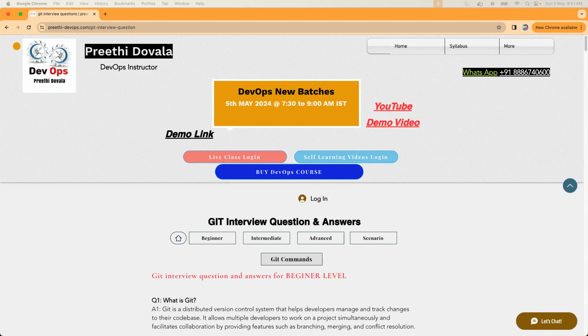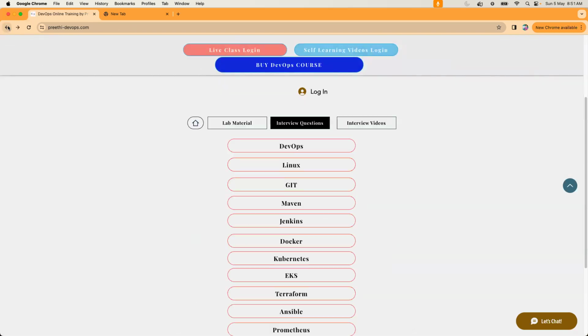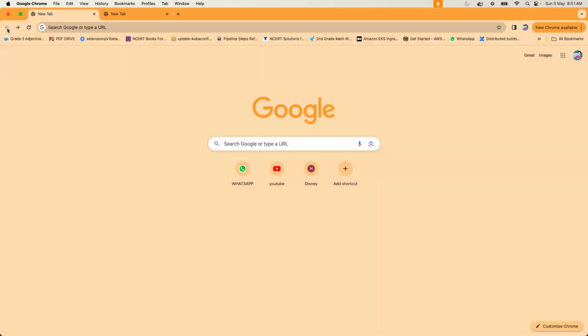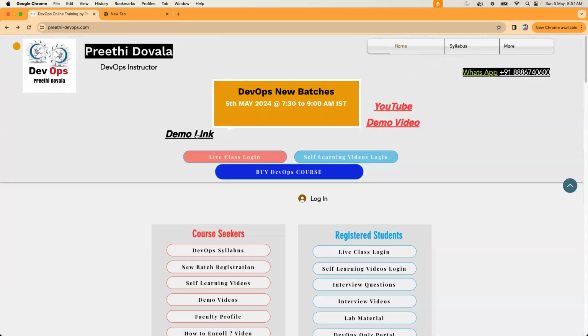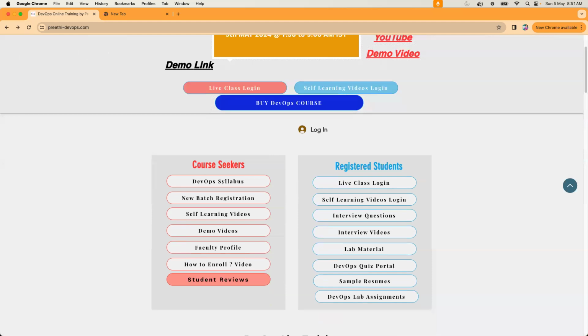How much of the course is AWS-specific tools, in terms of percentage, say 20%, 25%, 10%? AWS will be there throughout the course.